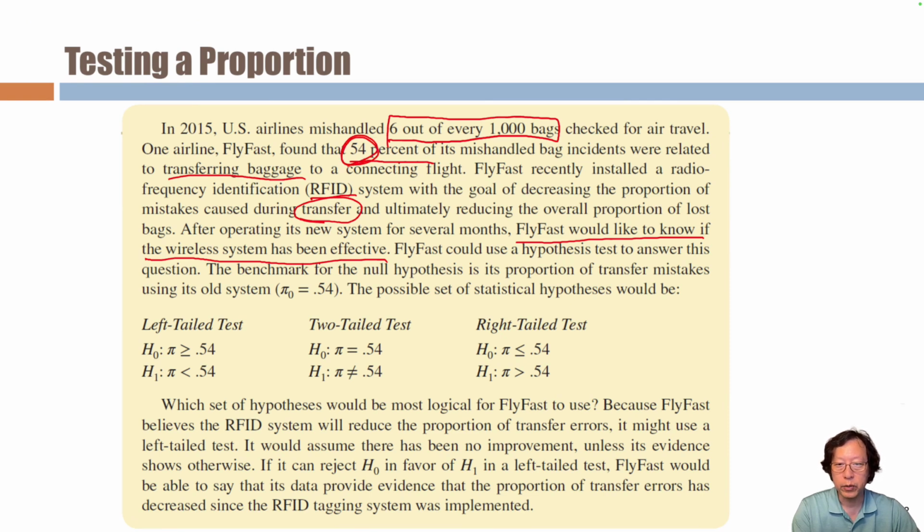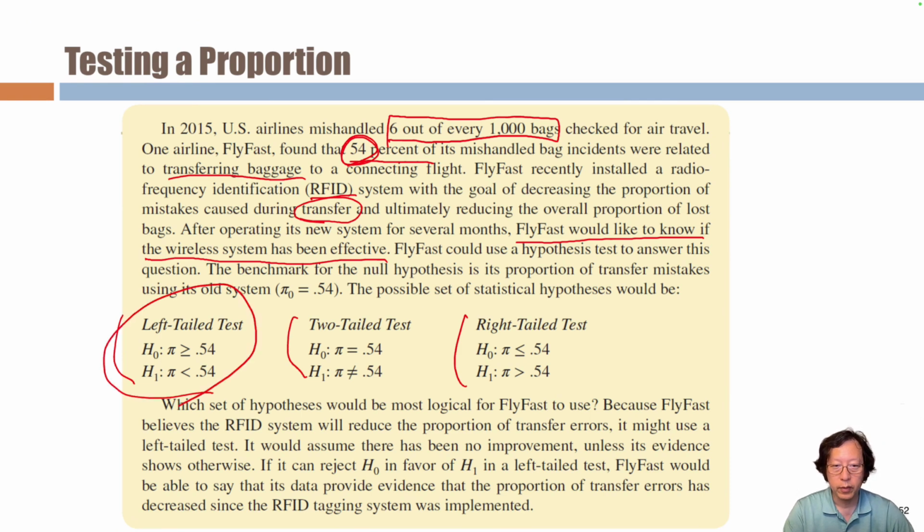The possible set of statistical hypotheses could be the left tail, two tail, and the right tail, but which one will be the right one? Since we are trying to reduce, you have to choose this one, the left tail test, because they believe the RFID will reduce the proportion. That's why.